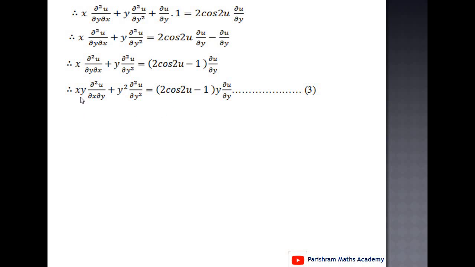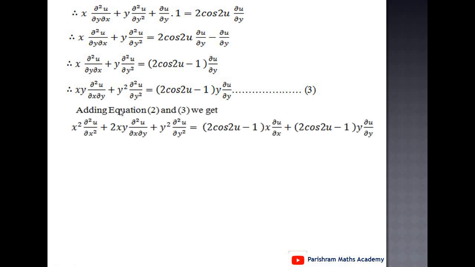We get xy into ∂²u/∂x∂y plus y² into ∂²u/∂y² equal to 2 cos 2u minus 1 into y into ∂u/∂y. Equation number 3.